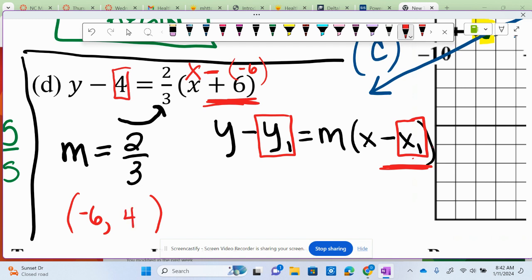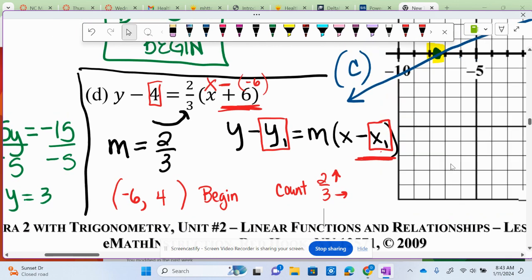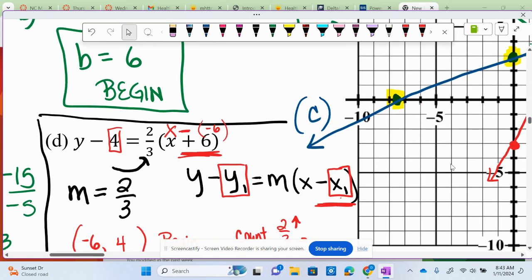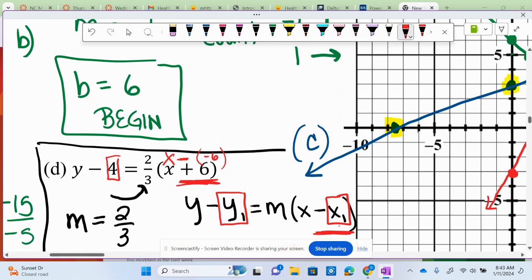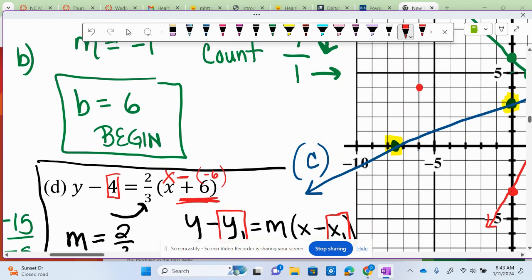So I'm going to begin at the point -6, 4, and then count your slope 2/3, up 2/3 from that point. So let's do that. Let's start at the point -6, +4. I'm at -6 and I'm going to go up +4. That's this point right here.